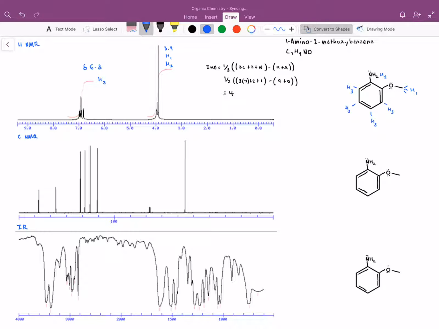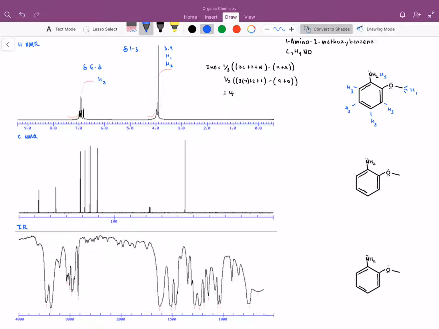The hydrogens part of amino groups typically have shift values between 1 and 3, and they can vary pretty widely. These hydrogens are on the higher end of that. They go past 3 because they're coming directly off of a benzene ring, and benzene rings tend to be electron withdrawing groups as well.